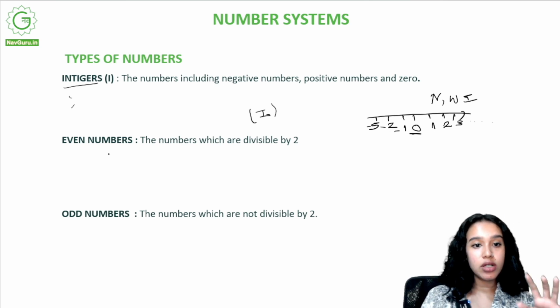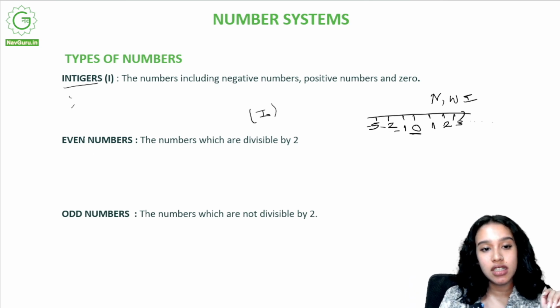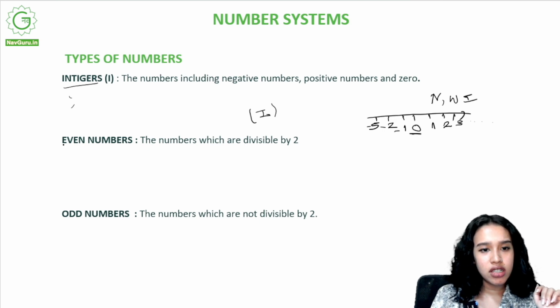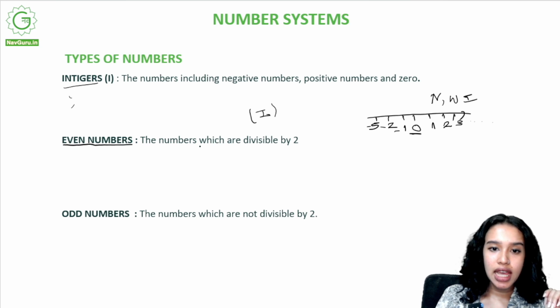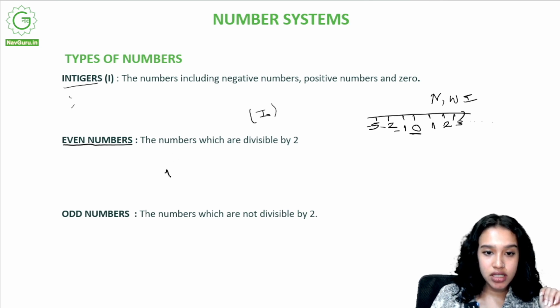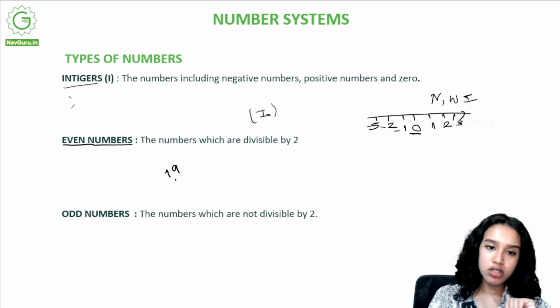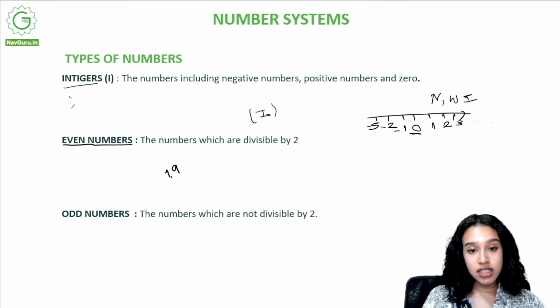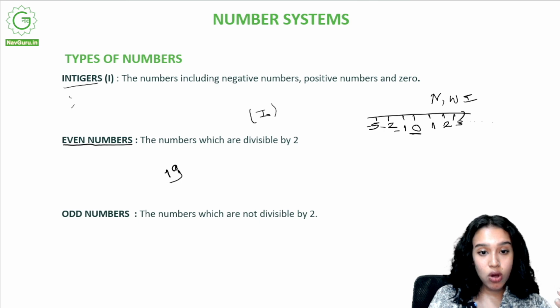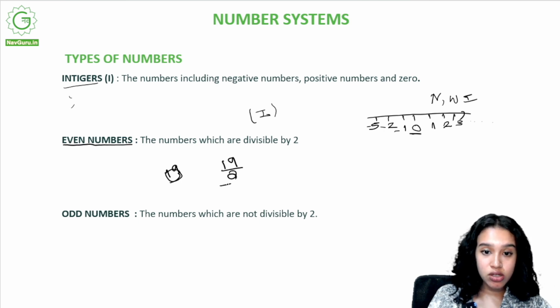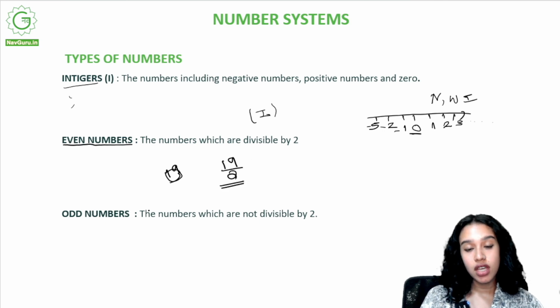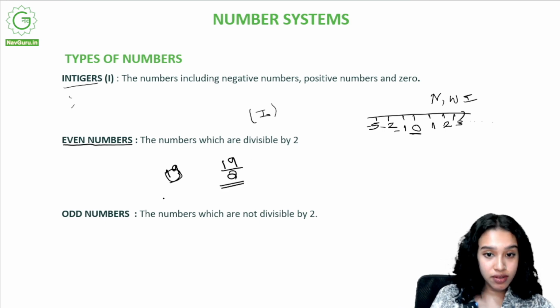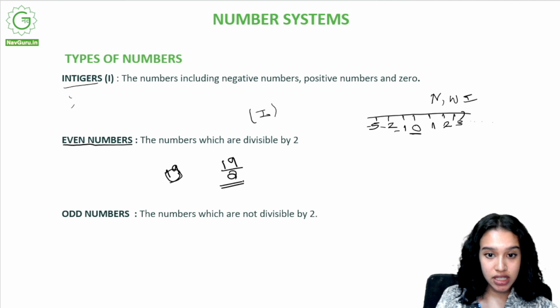Now we are talking about even numbers. We have all heard about even numbers. So what are even numbers? I'm taking a number 19. Is it odd or is it even? It's very easy to say that it's an odd number because 19 by 2 is not divisible completely. I mean, you could divide it, but you can't divide it completely.